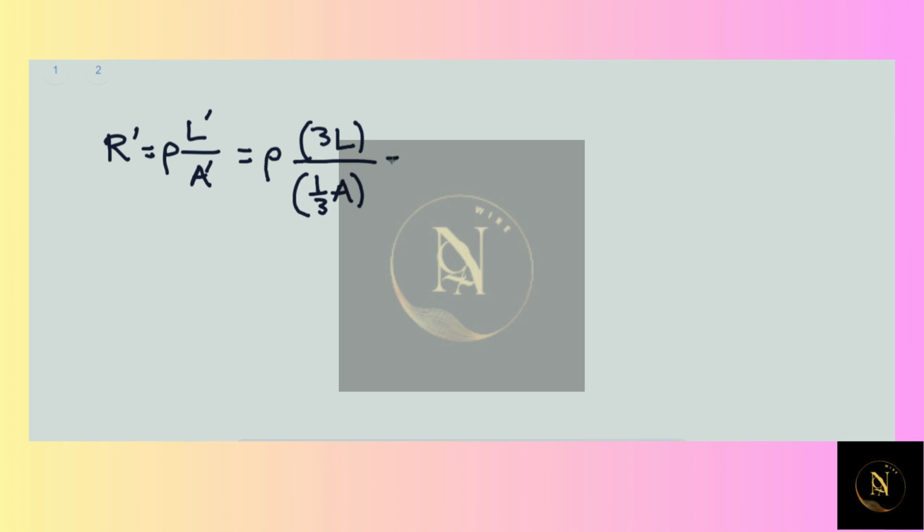So let's do that on the next page. R prime is equal to rho L prime over A prime, which is equal to rho times 3 times L, and we found that A prime is 1/3 of A. If we simplify this a little bit, we have 9 times rho times L divided by A. And this part is nothing more than the original resistance itself by definition of equation 25.10.